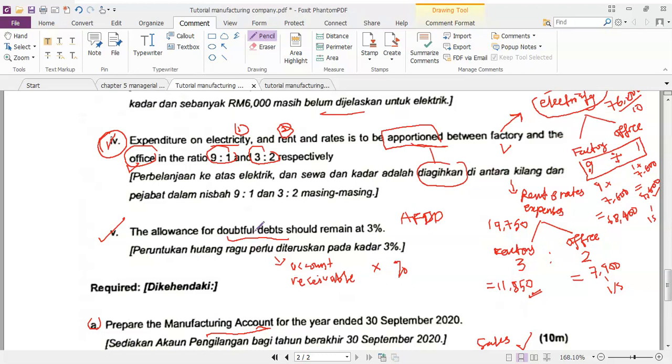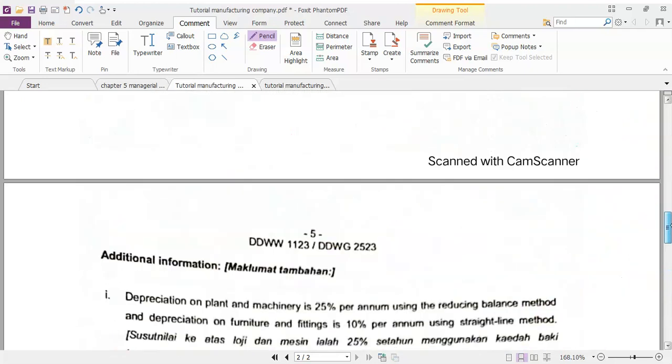It means that the company is not confident that the account receivable will pay back their debt to the company. So we should calculate the doubtful debt. The formula is account receivable amount times the percentage. The percentage is inside the additional information.